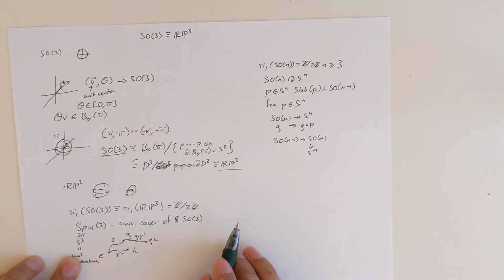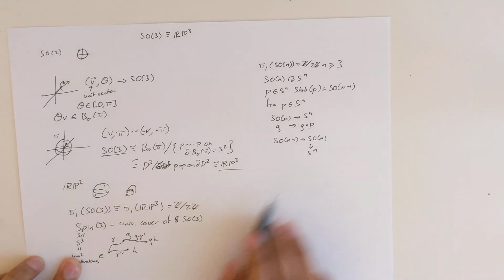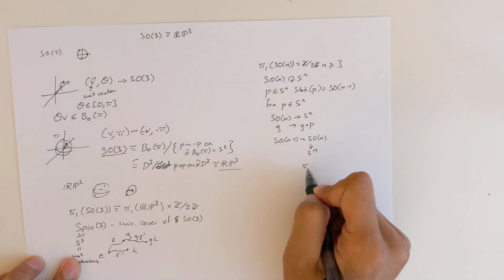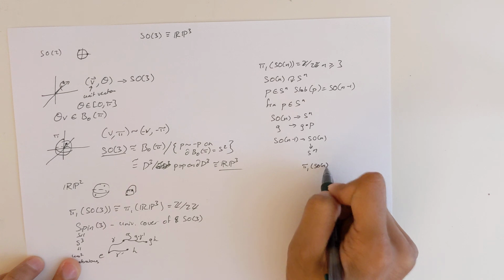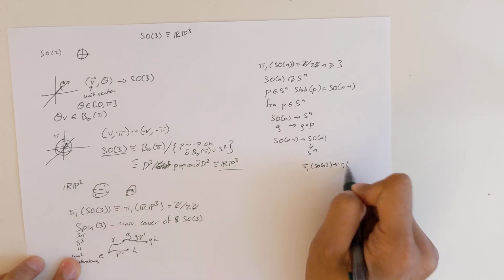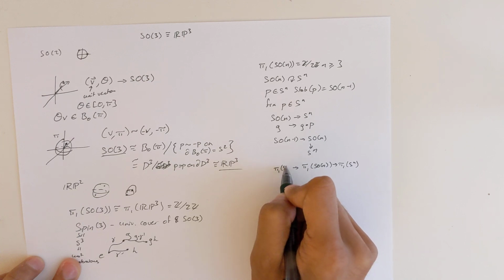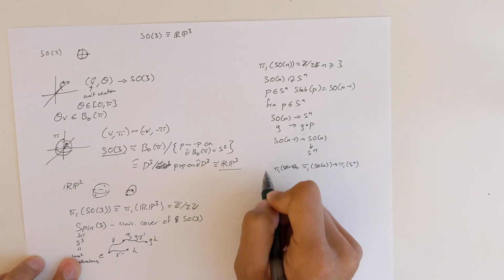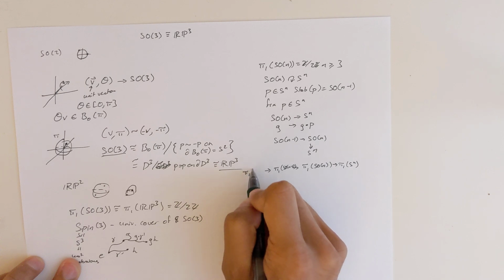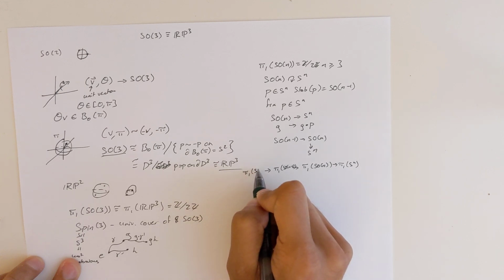and see how this works out. But now from this, we get a long exact sequence of homotopy groups. So we have pi1 of SO(n) maps to pi1 of S^n, maps from pi1 of SO(n-1), and this gets a map from pi2 of S^n.